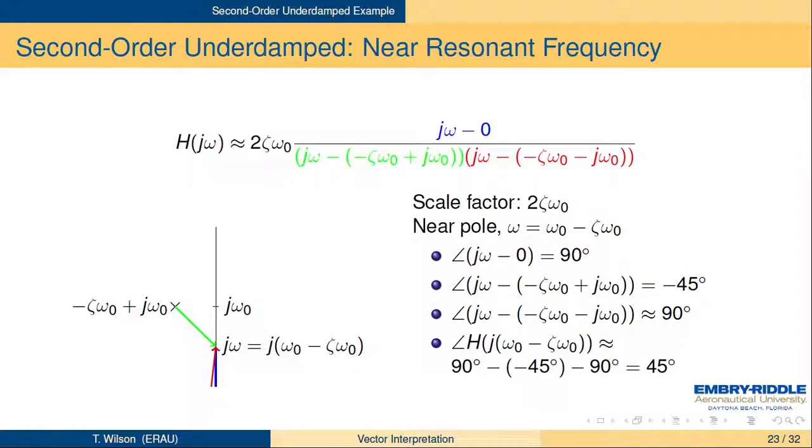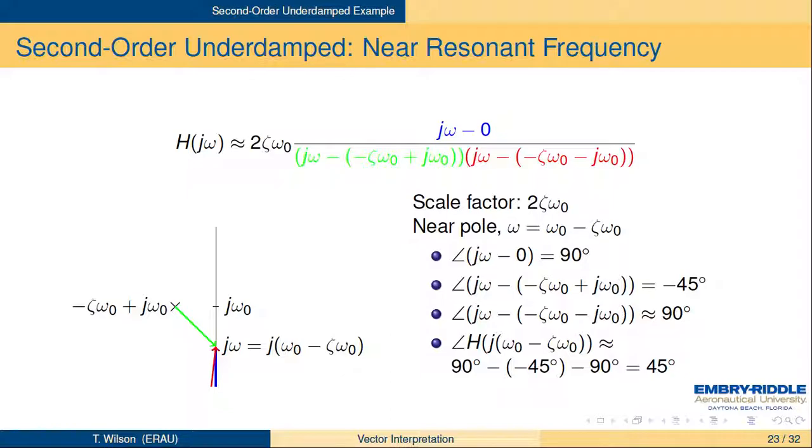When you add those up, you get 90 degrees from the 0, minus 45 degrees from the positive imaginary part pole, and then minus 90 degrees from the negative imaginary part pole, and you get a net plus 45 degrees.